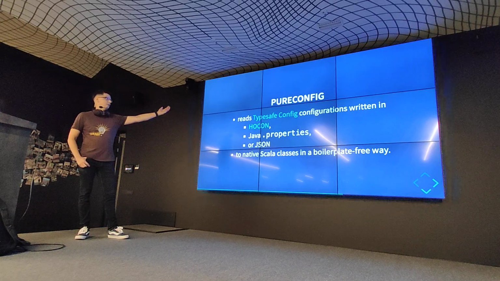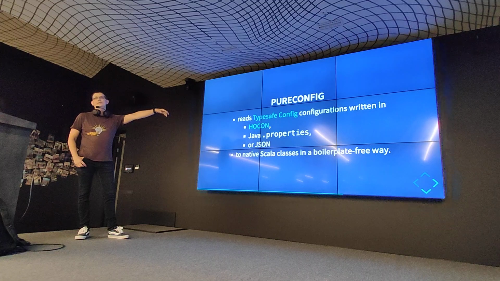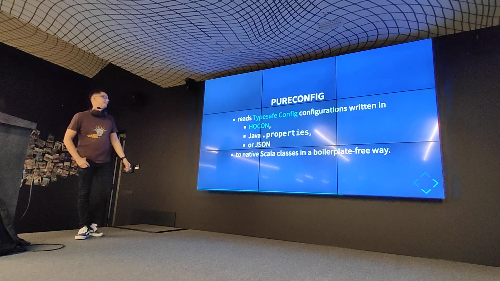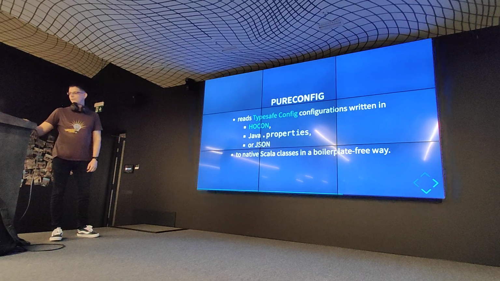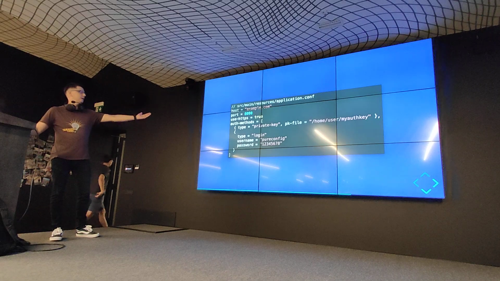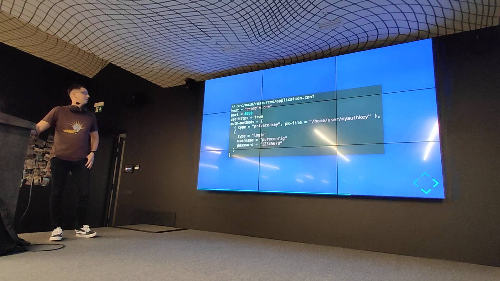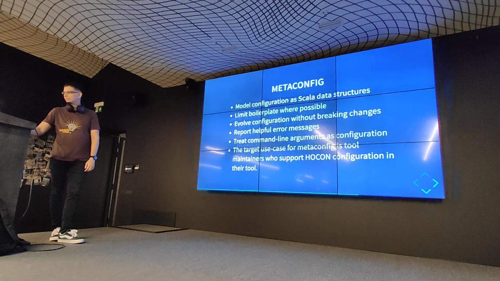But you can use PureConfig for that. The Typesafe Config library itself is implemented in Java, by the way. So it's a Java library. So this is how HOCON looks. You have arrays, you have objects, stuff like that.